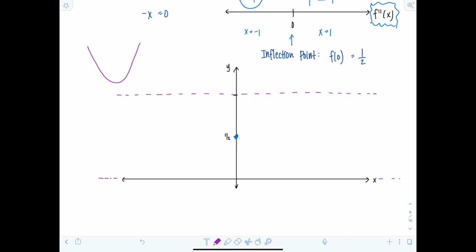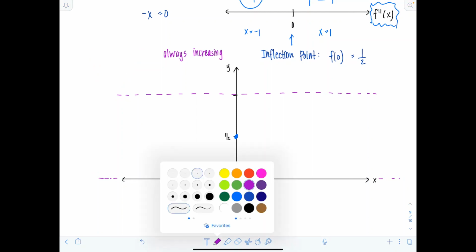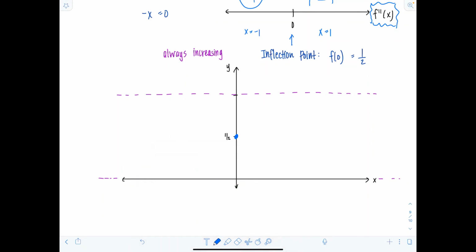And the other thing is we figured out that it's always increasing. So the shape, how are we going to make it work? Well, the shape is going to be concave up, going up, up, up, up, up. And then it switches to concave down because this is an inflection point right here. Keeps increasing, and there's the other asymptote.